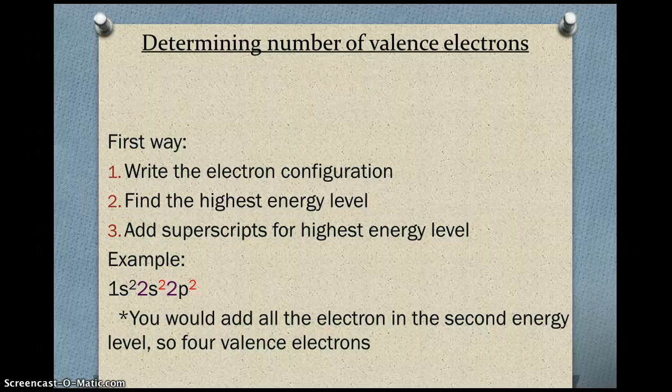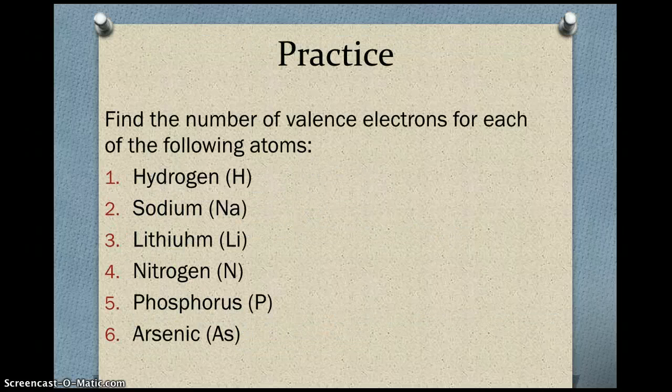All right. So now we've got some practice. You find the number of valence electrons for each of the following atoms. This is going to take you a while, I think. In this case, what you should do is write down the electron configuration.